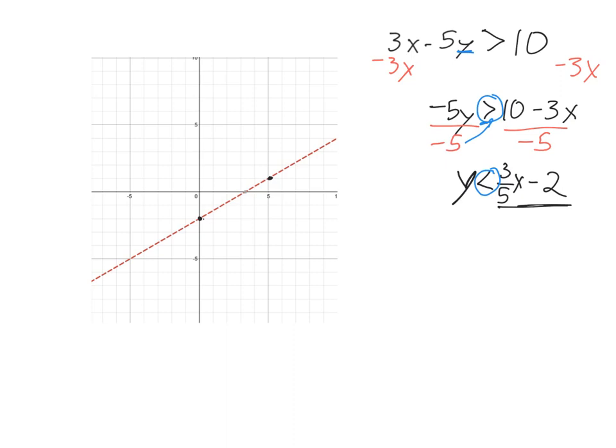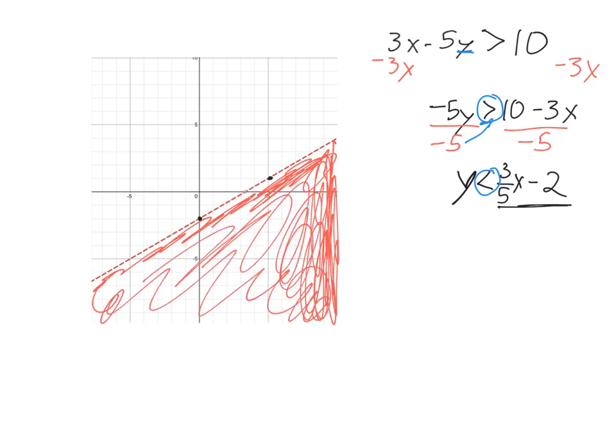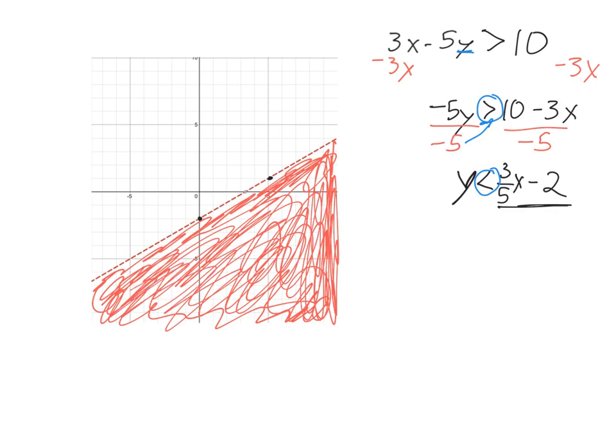Now, because this is an inequality, I have to shade the area underneath the curve because I'm looking for my y. And so I want to shade the area underneath the curve.